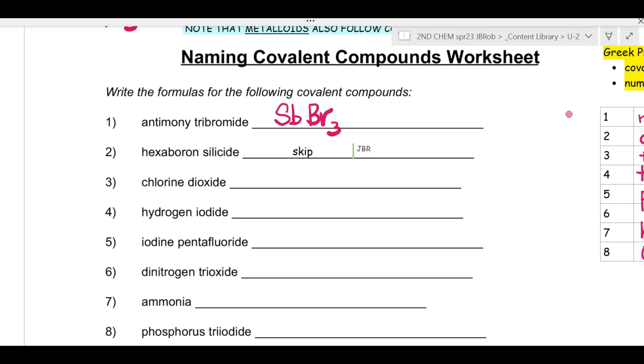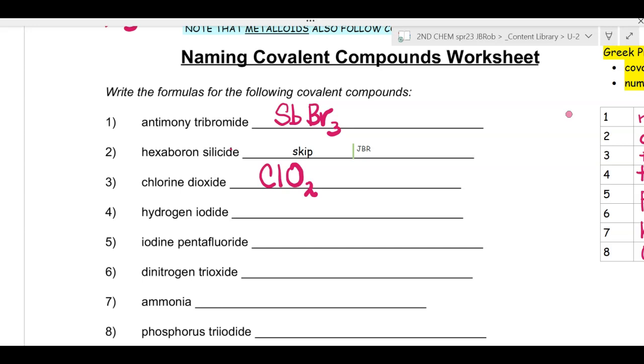We're skipping number 2. Now, these are going to be some oddies. So, chlorine dioxide, so O2. This is a very odd compound to us. We would never put these together this way, would we?